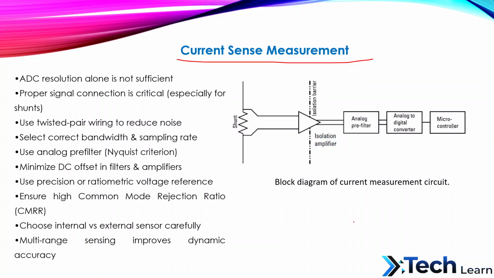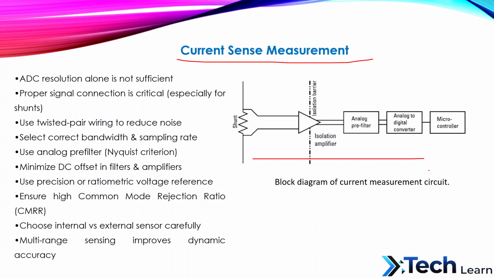Here you can see in the block diagram, this block diagram shows the full measurement chain: sensor, isolation amplifier, ADC and digital processing. Error can occur at every stage. Therefore, focusing only on ADC resolution is not sufficient.